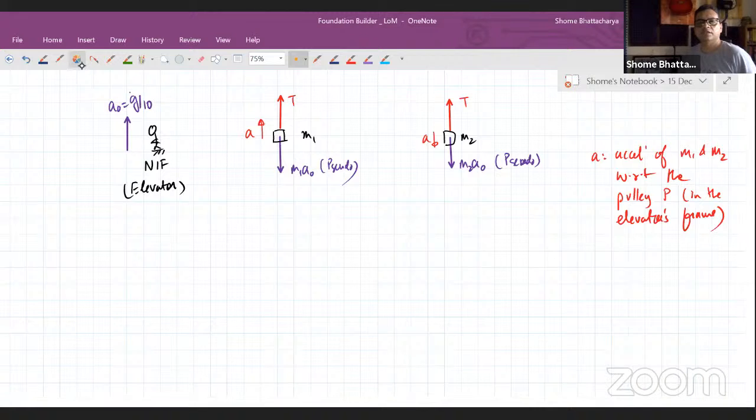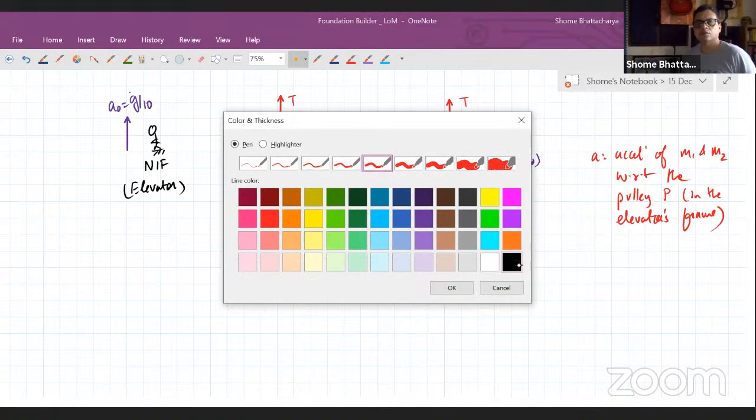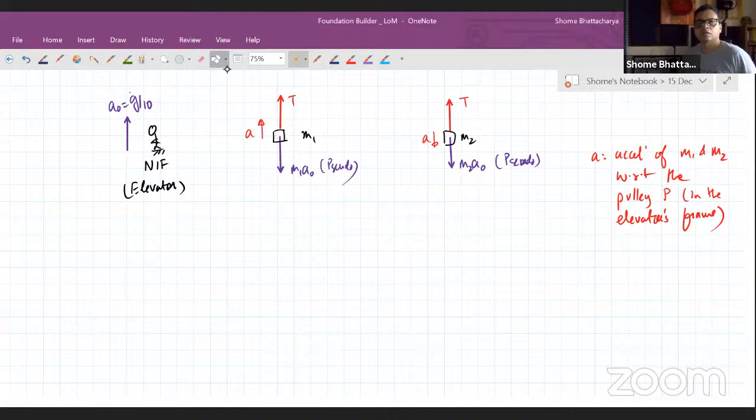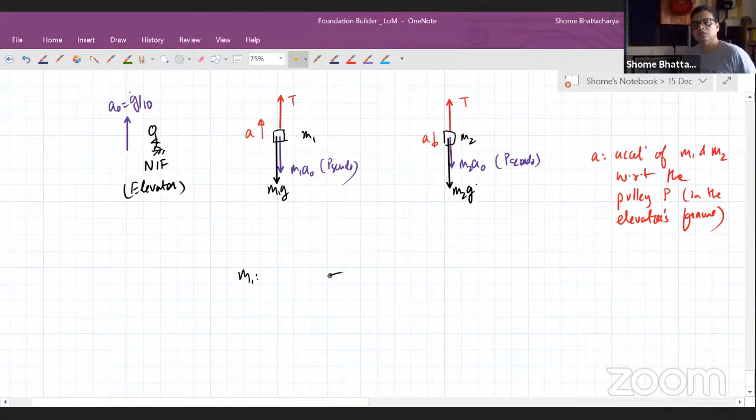And then of course there is the individual weight of each block, M2g and M1g.